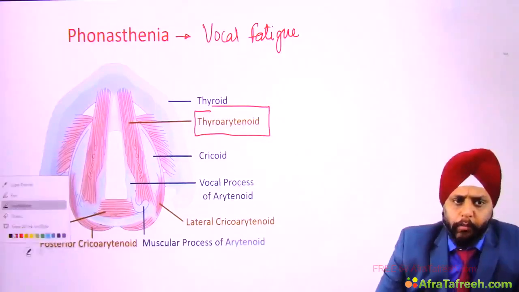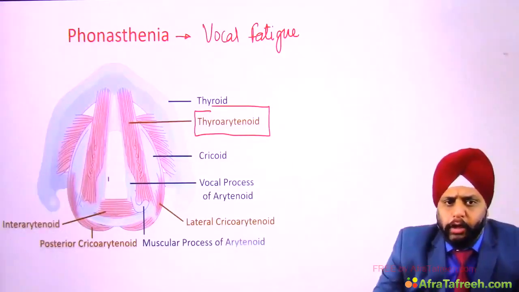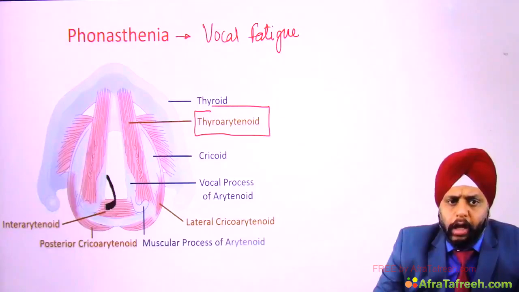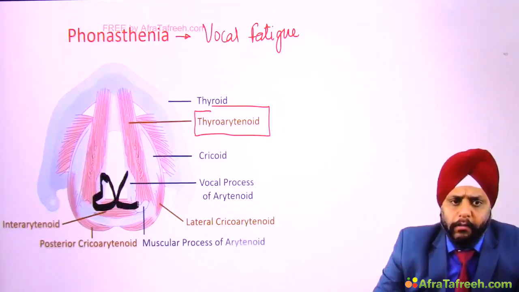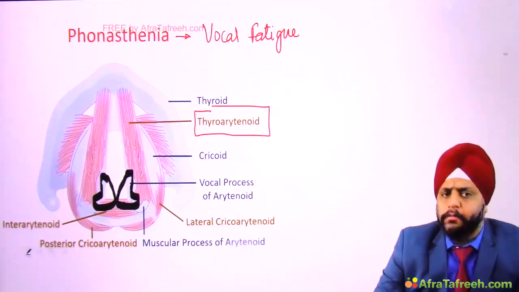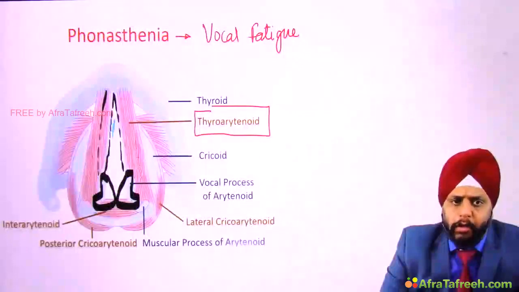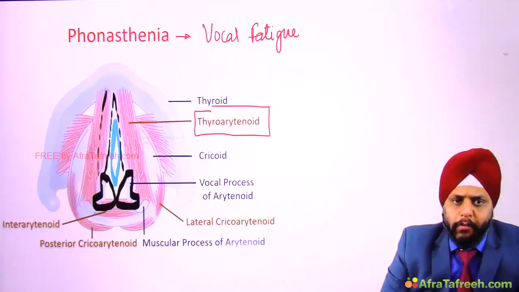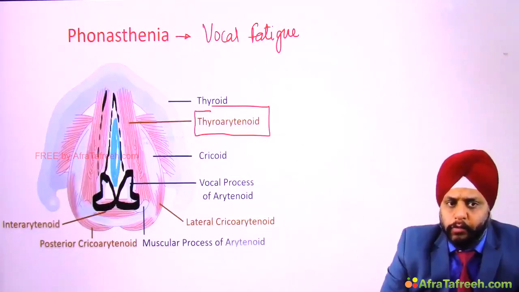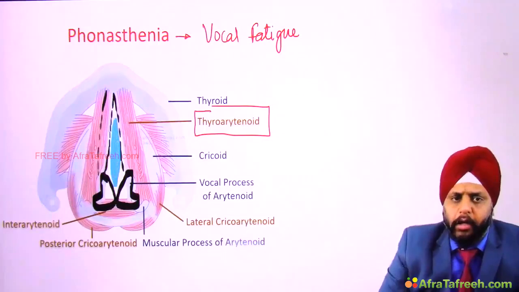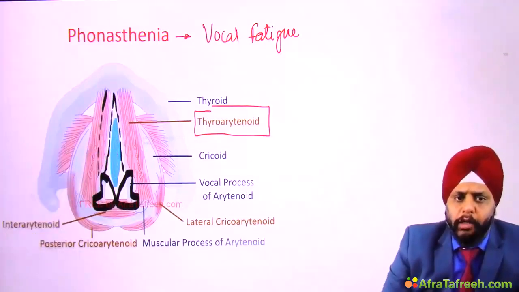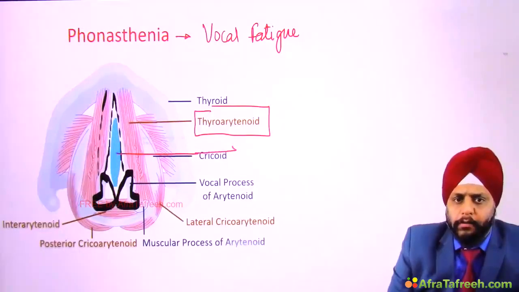Because of this, you see the arytenoids are brought together by the interarytenoid muscles. But because the thyroarytenoid is not working, we have a spindle-shaped gap over here. There is a gap between the two vocal folds when they are adducted, and this is a spindle-shaped defect.